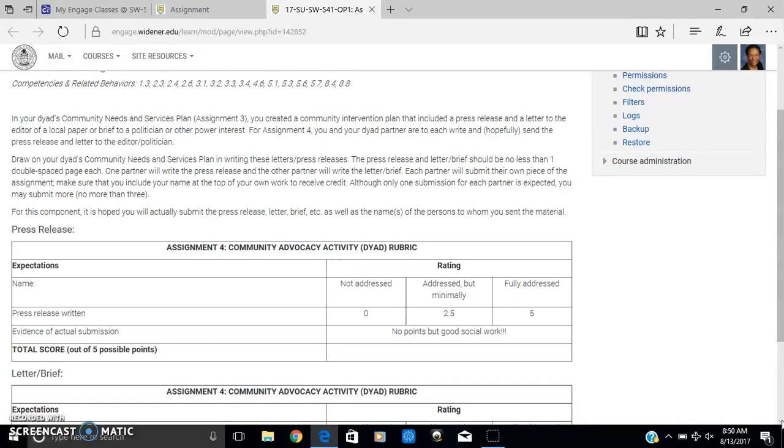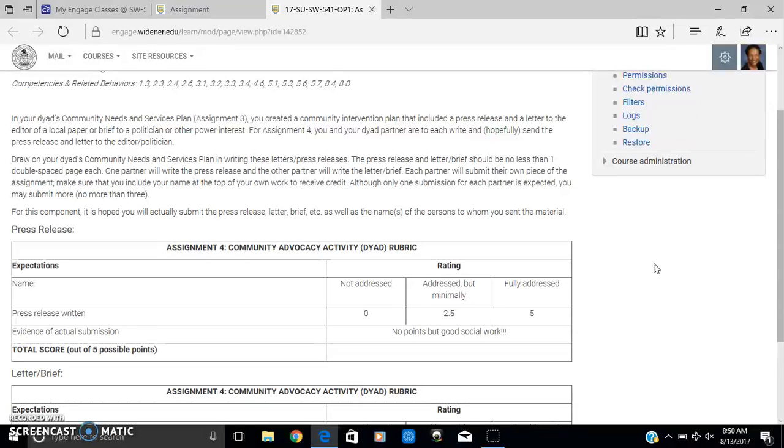But in your dyad community needs and services plan, assignment 3, the one you just completed, you created a community intervention plan. So as part of that plan, you were supposed to think of how to use social media, and we're also supposed to do a press release or a letter to the editor.